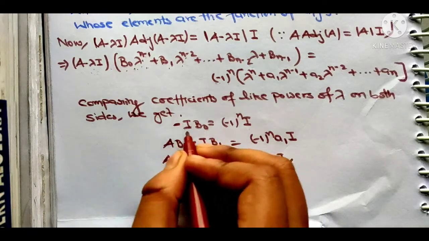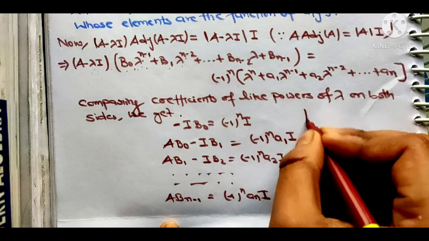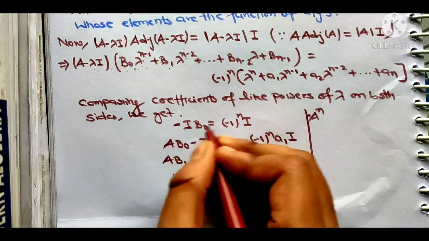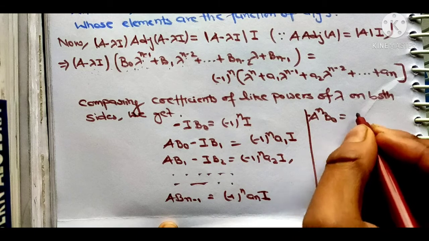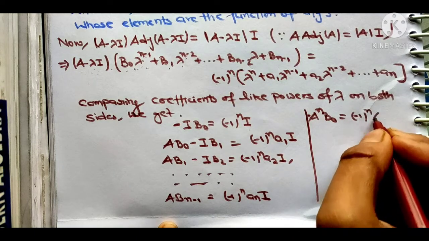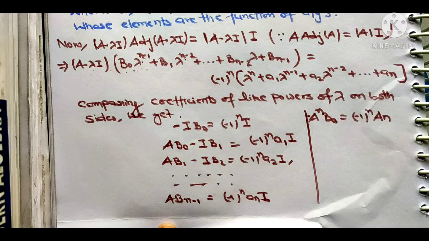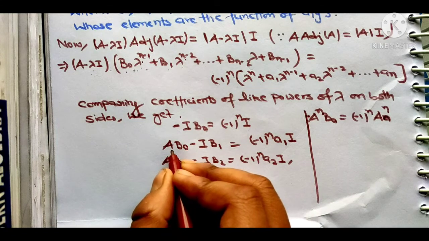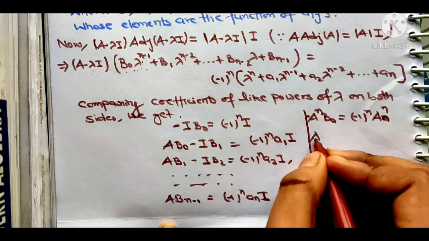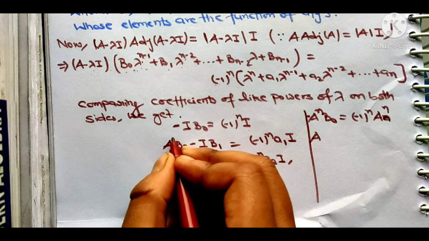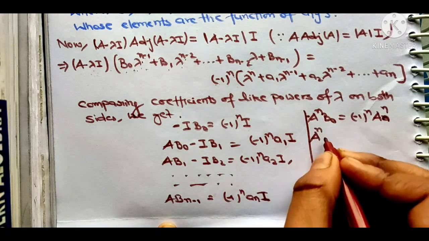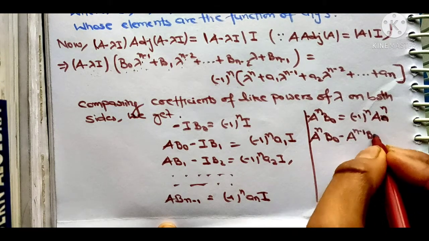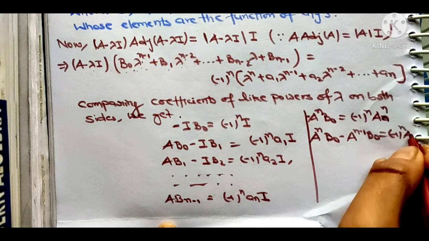If we multiply A^n on this equation, we get minus A^n I B0 is equal to (-1)^n A^n. Now we multiply A^(n-1) on this equation, we get A^n B0 minus A^(n-1) B1 is equal to (-1)^n a1 A^(n-1).